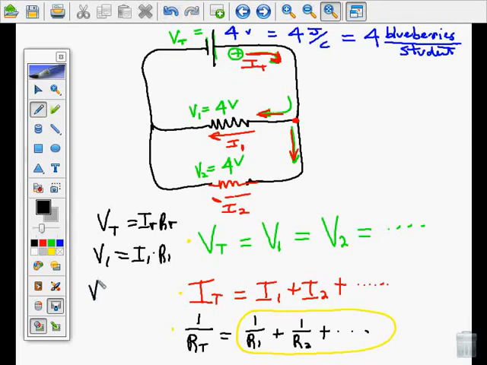And V2 equals I2 times R2. So those formulas hold as well. So let's try a practice problem.